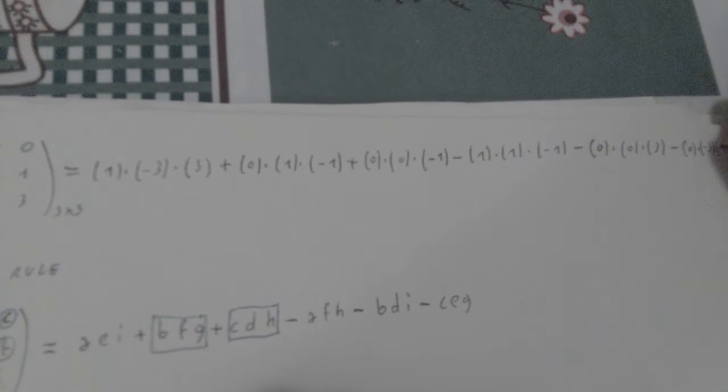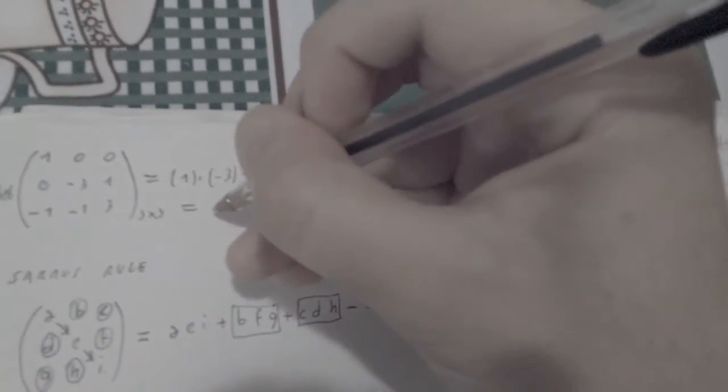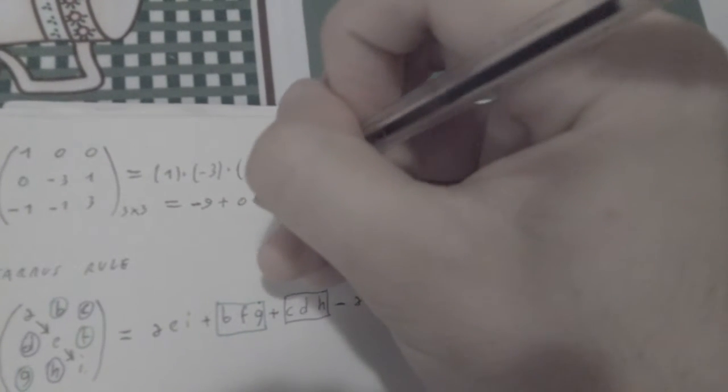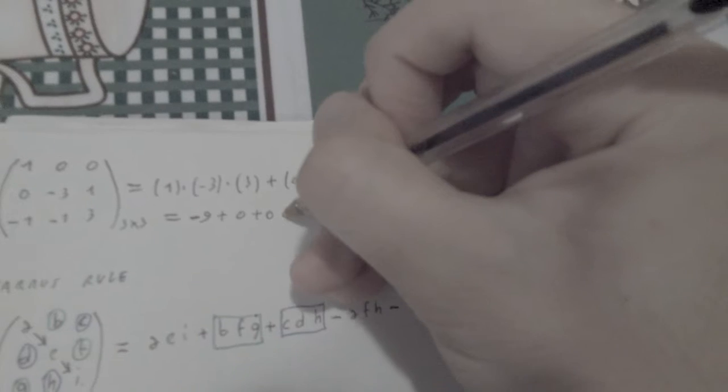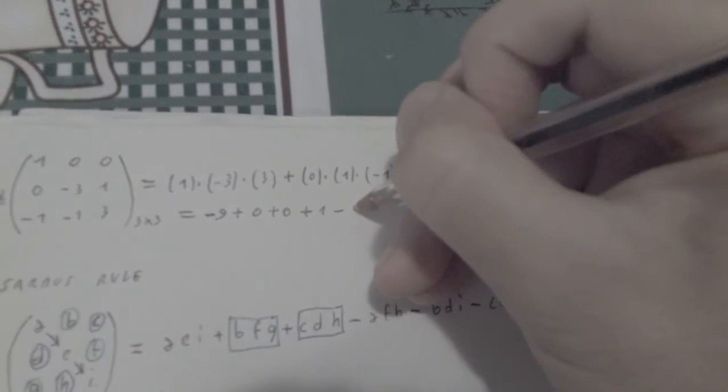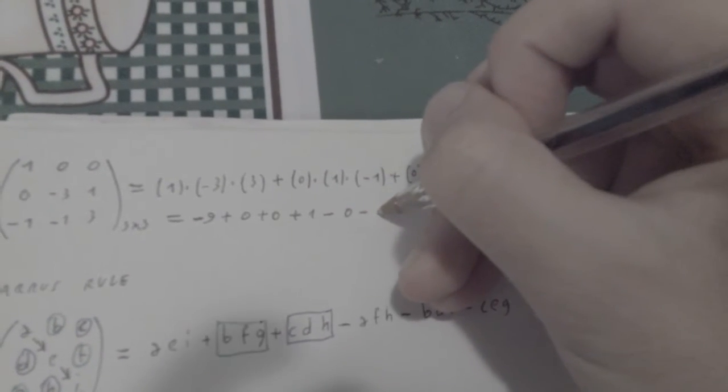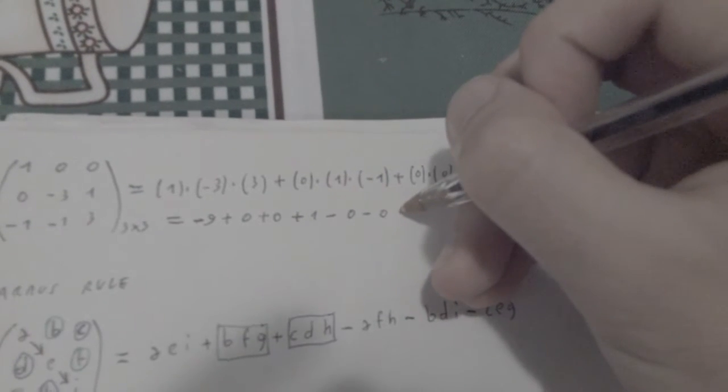So 0 times -3 times -1. All right, so basically what we get here is -9 plus a bunch of zeros, plus 1, minus 0, minus 0, and then our final result is -8.